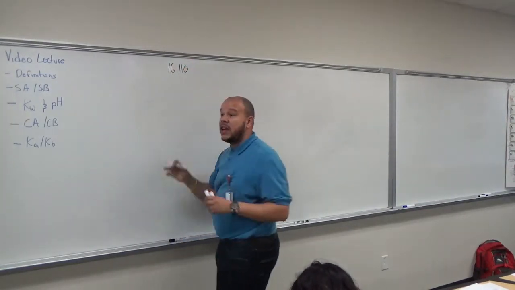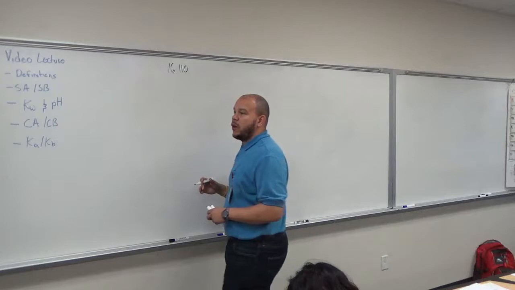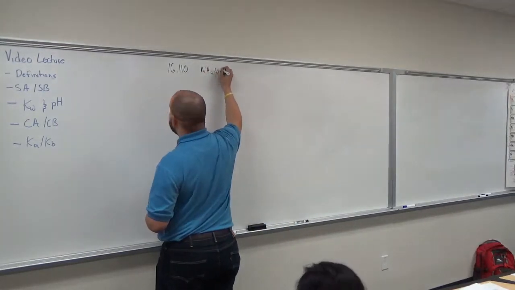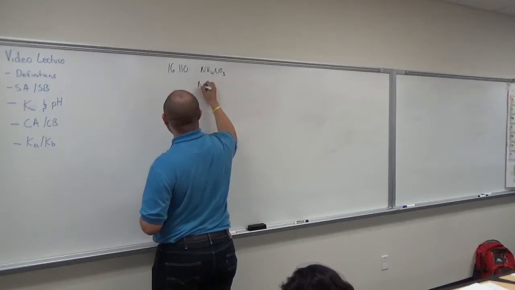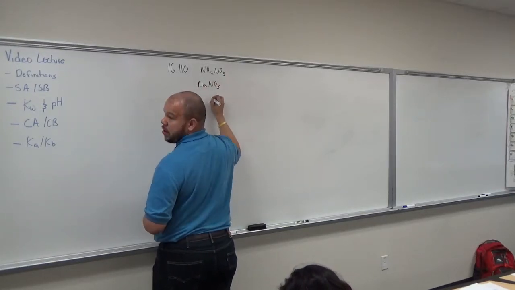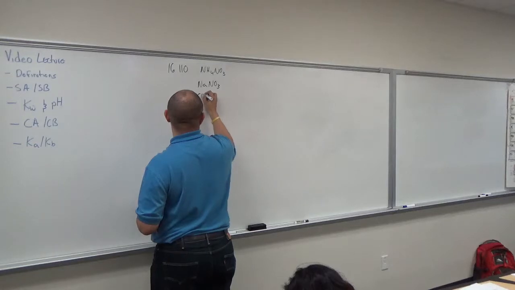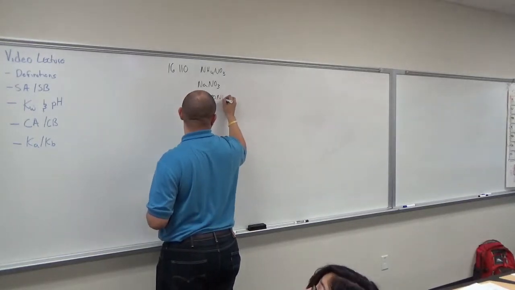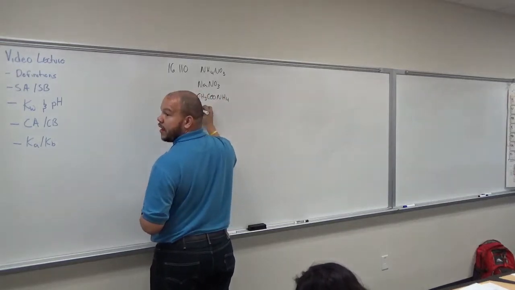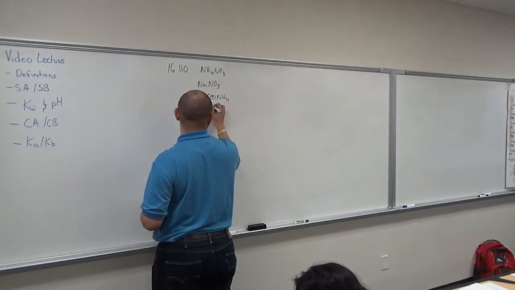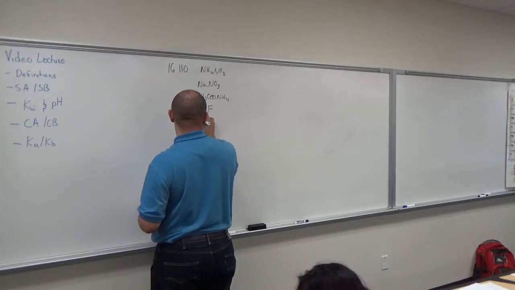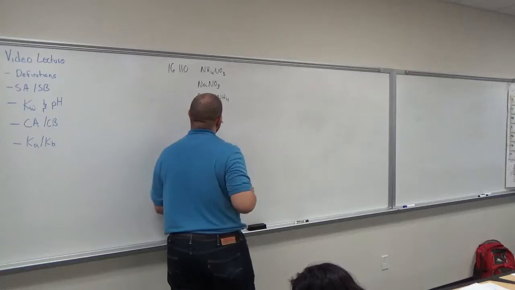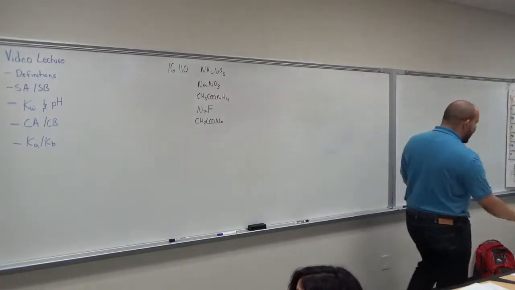Just before we get into heavy math stuff, arrange the following in order of increasing acidity. So we got NH4NO3, NaNO3, CH3COONH4, sodium fluoride, NaF, and CH3COONa. All right. So this is a great type of question.